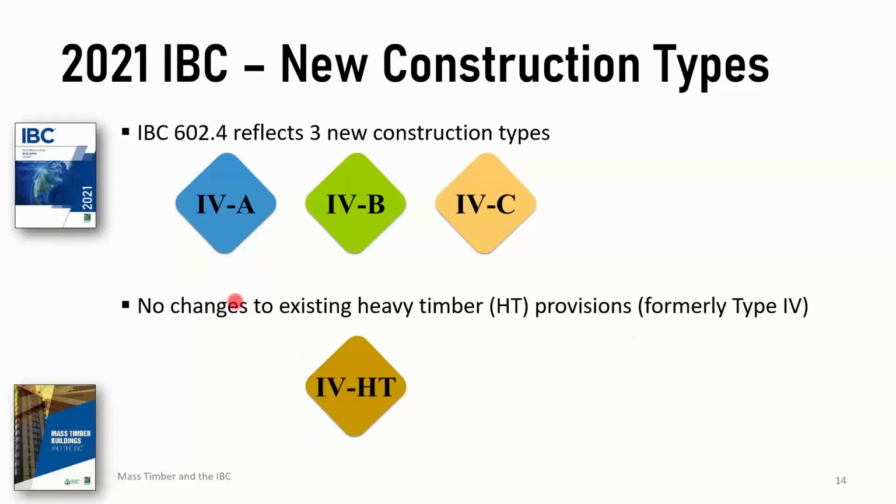Their proposed code changes, their approved code changes, 17 in all, very comprehensive, some of them long code changes, did not change the regular heavy timber requirements in the code. However, there are some changes to the regular heavy timber provisions in the 2021 code by other sources that entered code changes into the code that were successful. Maybe I'll mention a few of those later.